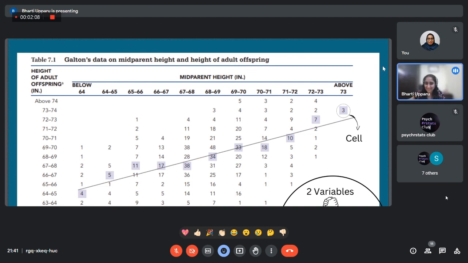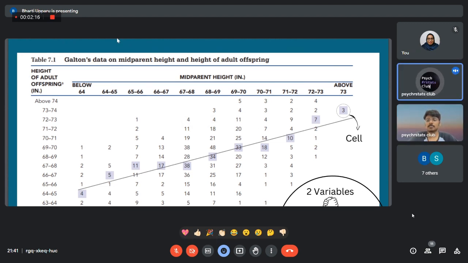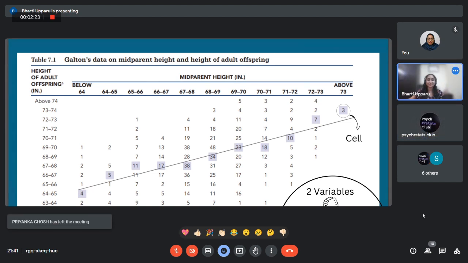I cannot see the entire screen. I'm so sorry. Can I just stop sharing and share it again? Yeah, sure. If you want, you can just keep the slides visible. You don't necessarily have to. Okay. Oh yeah, I think that's much better.